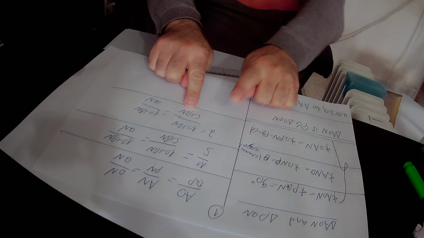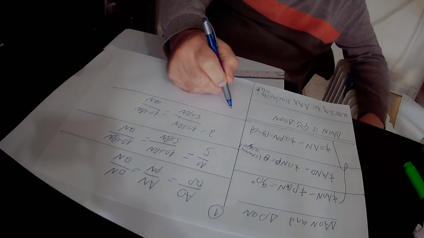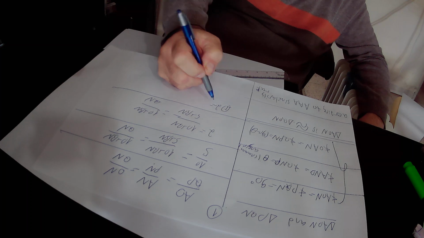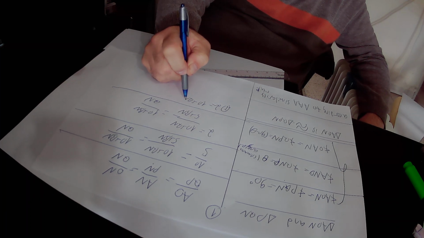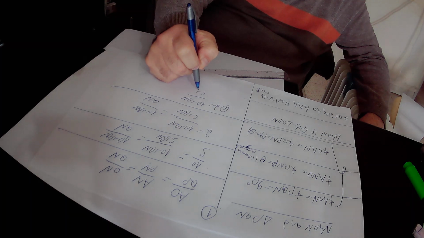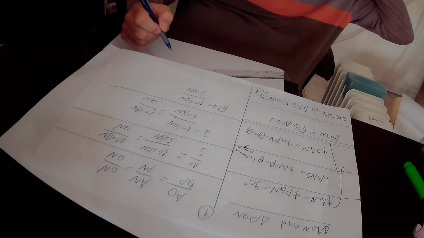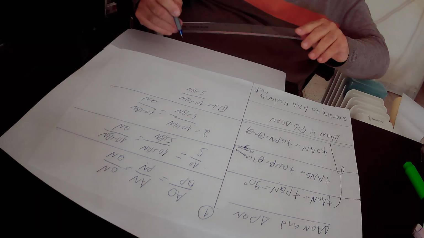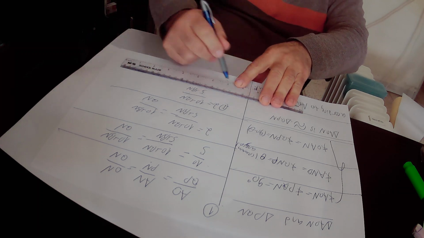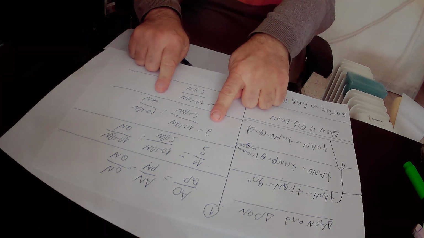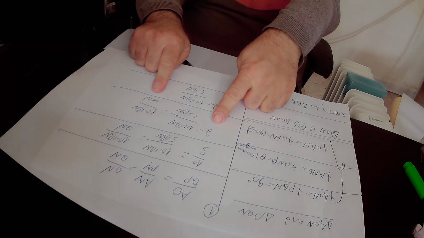So according to equation number 1, 2 equals 10 plus QN over 5 plus BN. Those two sides are also equal to each other, so we create equation number 2 from them. According to equation number 2, 2 equals 10 plus BN over QN.